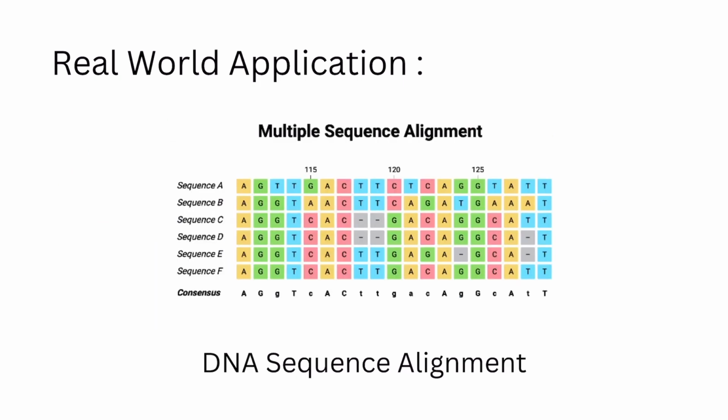And we can also use it to check DNA sequence alignment. Like if we have a DNA string, it consists of A, G, C, T, which is only 4 letters on a very long string. We can use minimum edit distance to find the most similar string of all of them.